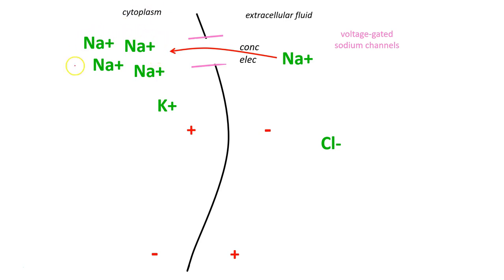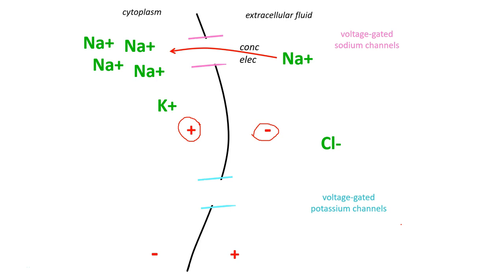So much sodium enters the cell that the inside now actually becomes positive relative to the outside. This causes voltage-gated potassium channels to open. Voltage-gated potassium channels have a threshold of excitation that's slightly higher than that of sodium, so the membrane potential needs to reach closer to 0 in order for them to open.